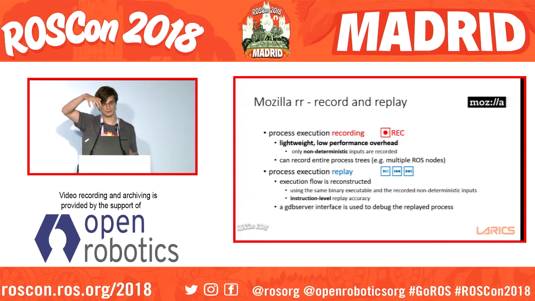So the non-deterministic inputs that were recorded are then passed back to the original executable, and the result is that you can replay your process with an accuracy down to instruction level. And you can use a GDB interface to debug the replayed process, and you can go back and forth in this replay, which is very cool.